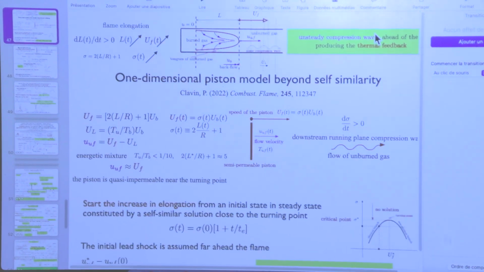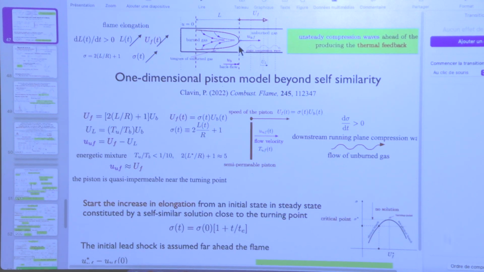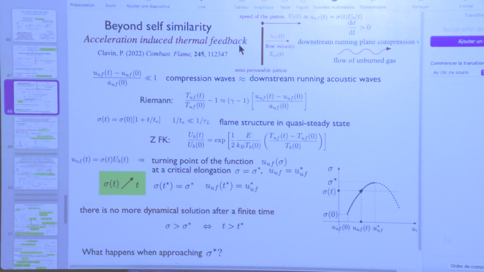Now looking at a planar flame, which is accelerated by a backflow. When you have this backflow here, the flame is accelerated, and you take into account the compressible effect.